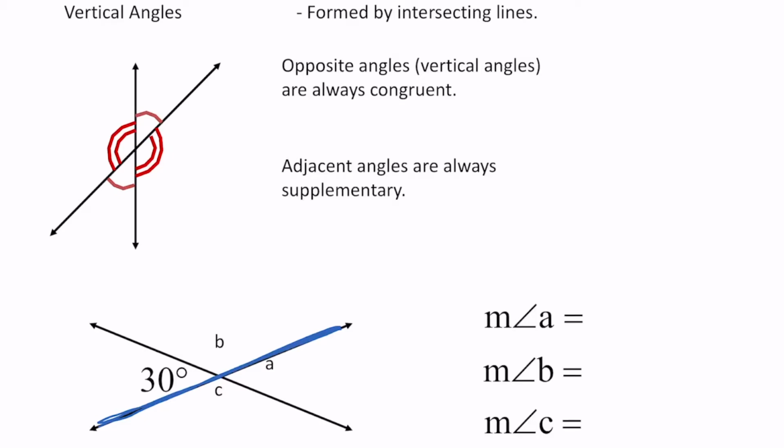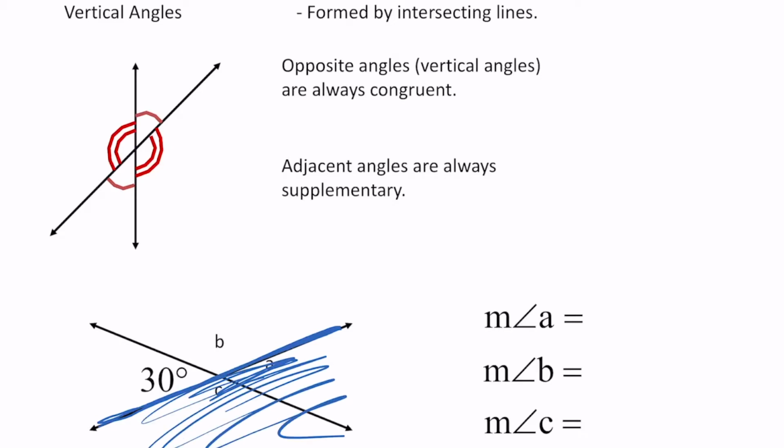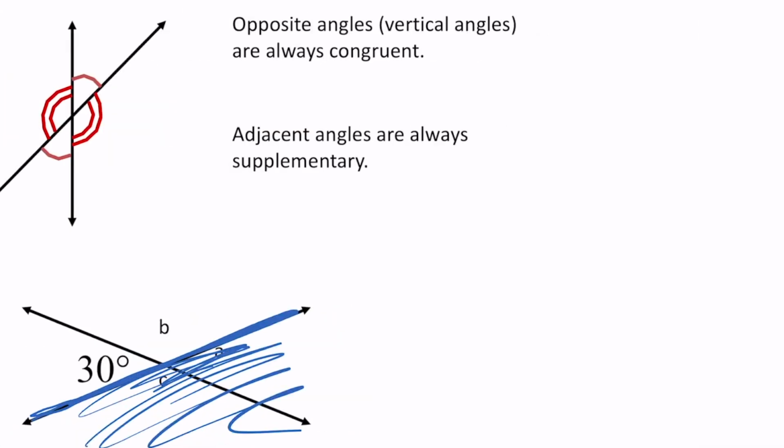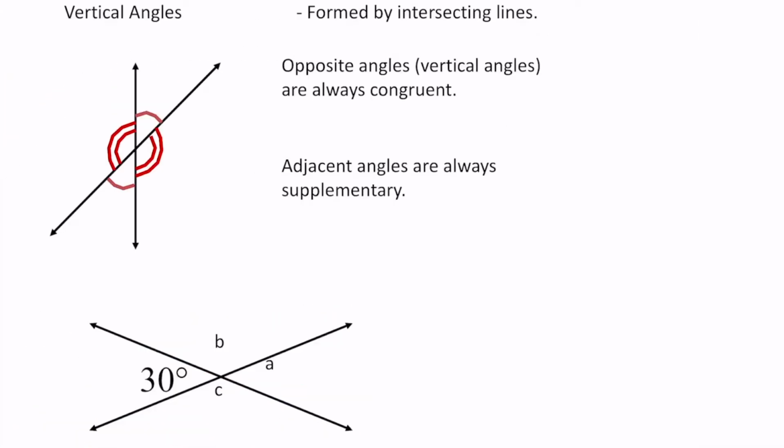So if I know that that's 180 degrees, I can ignore this part of the angle. This is a straight line. One angle is 30 degrees. The other angle of B is, I don't know, but I know that both of them added up equal 180 degrees. So right here, you have one angle that's 30 degrees, and they'd like to know what the other three angles are going to be.